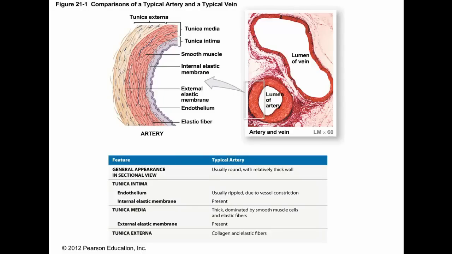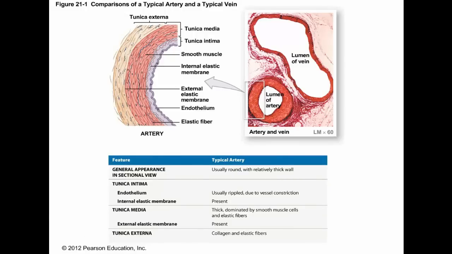So now if we look over at the left-hand side of the diagram, we can see that we have the 3 layers made up. So the purple one, which is closest to the blood moving past, is the tunica intima inside, the tunica media, which has the smooth muscle, and the tunica externa on the outside.